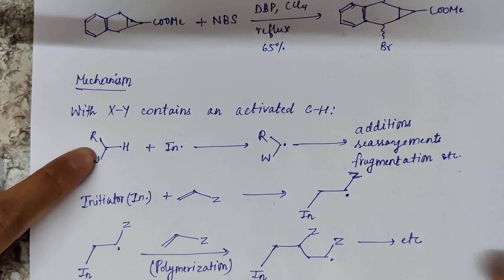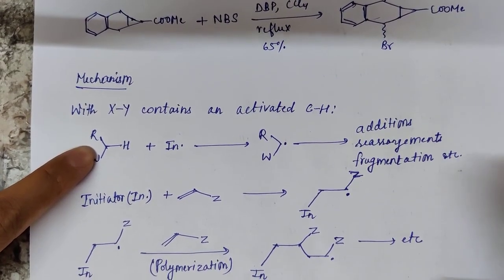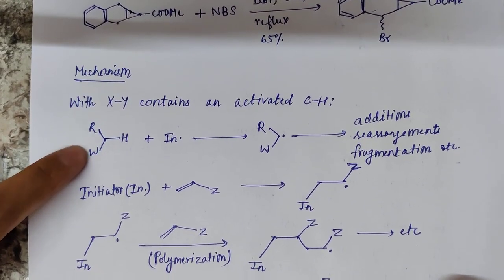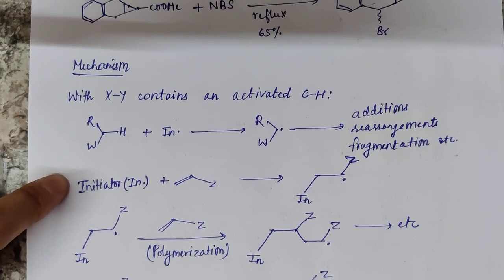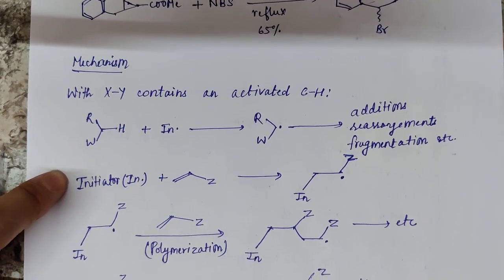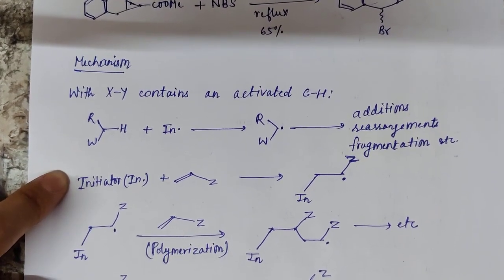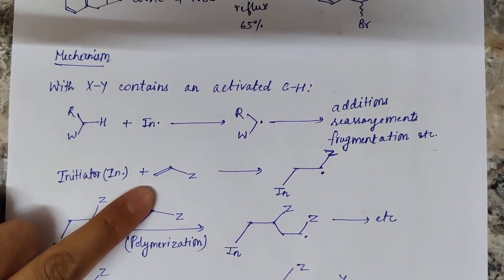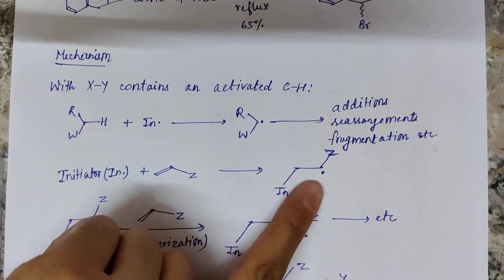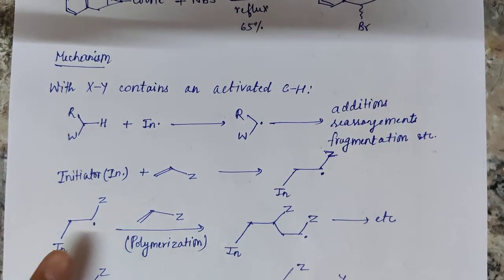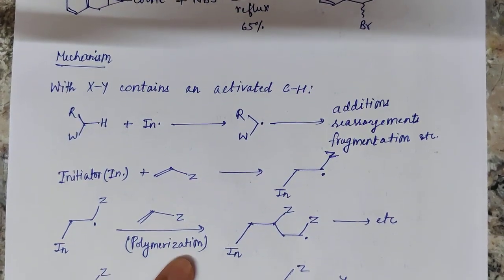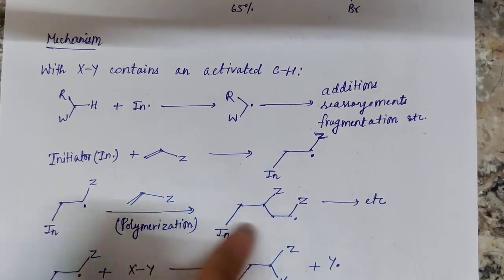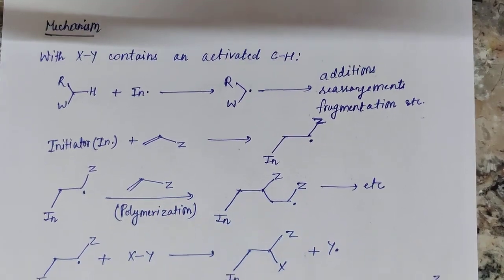There could be addition reaction or rearrangement, or it could further fragment into other species. Now the initiator will react with our alkene and form an addition adduct that further polymerizes, like we have seen in the previous reaction.